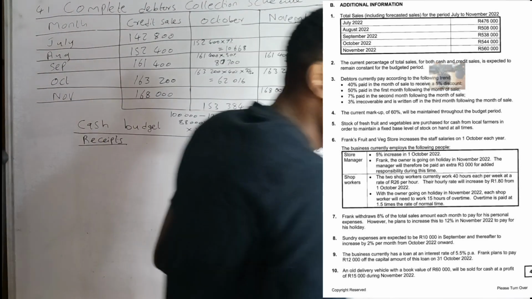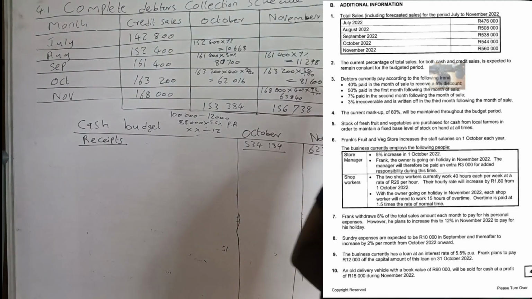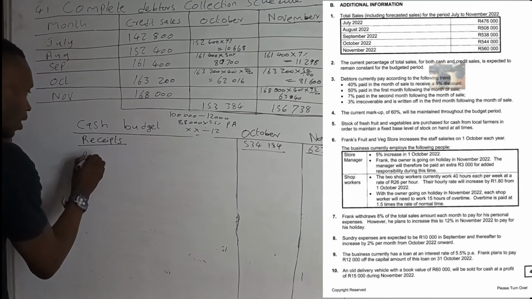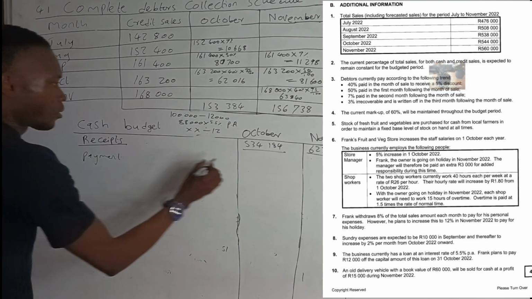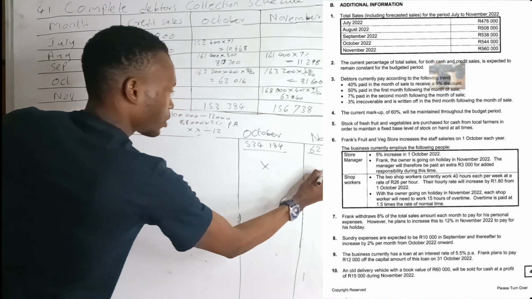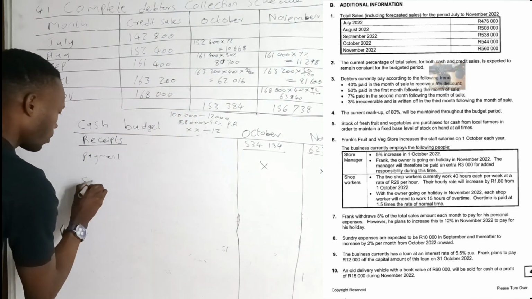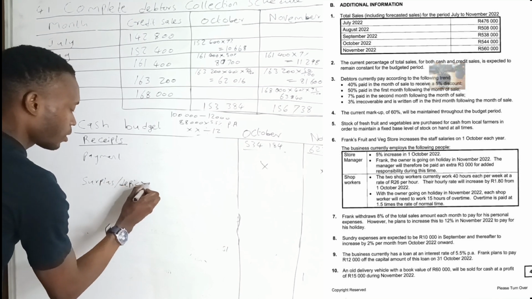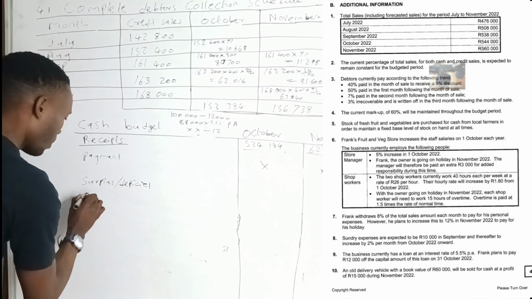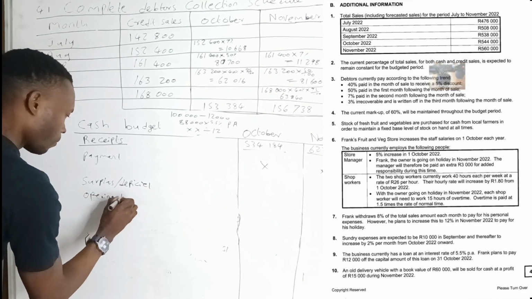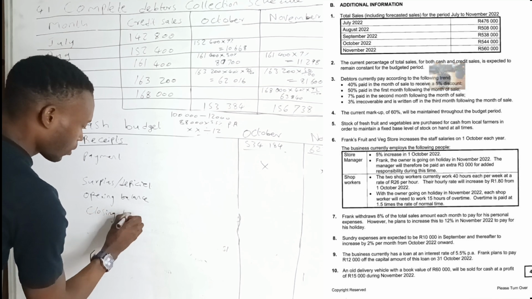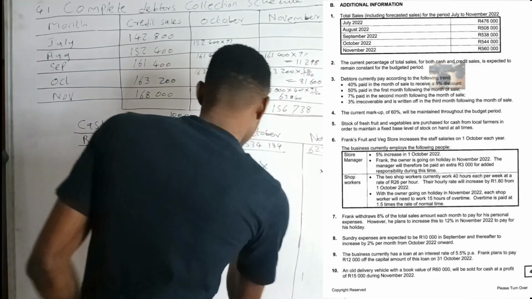Then now we have the last part, what we call cash surplus. After payment, guys, you're gonna have those amounts that you are going to calculate as total. Then we have surplus or deficit, and we have opening balance and closing balance.